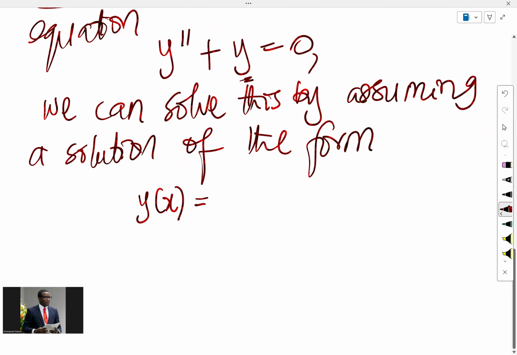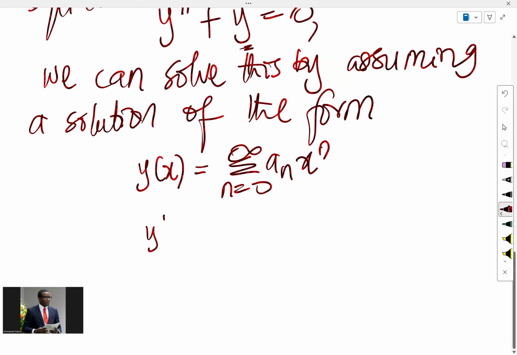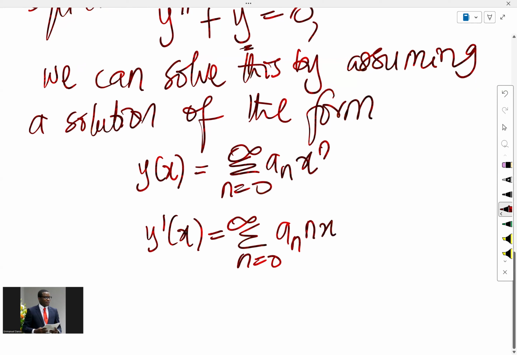So we can take a solution of the form summation from n equals 0 to infinity of a_n x^n. It means we need to differentiate twice. So you need y'(x), which is summation from n equals 0 to infinity of n a_n x^(n-1).